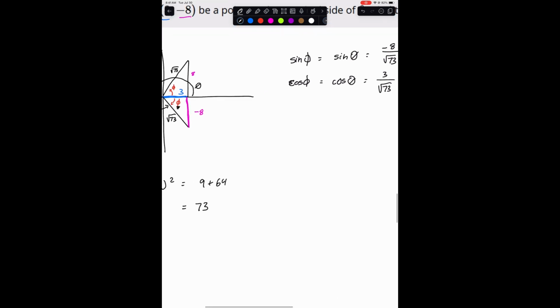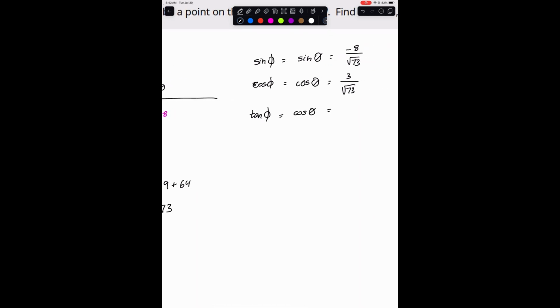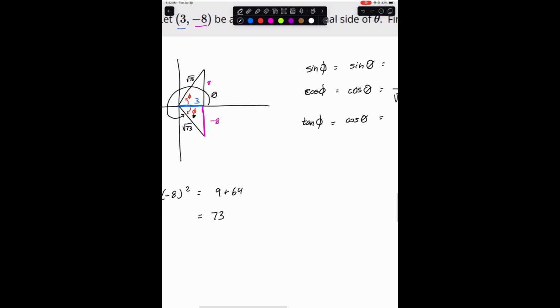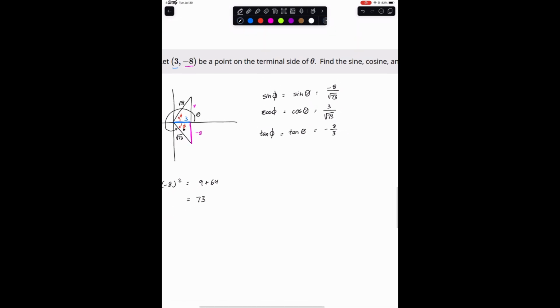And then my tangent of phi, which is equal to tangent of theta, is negative 8 over 3. And those are our answers.